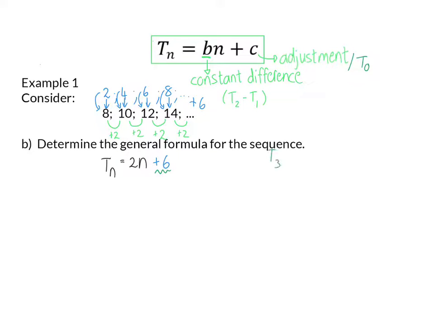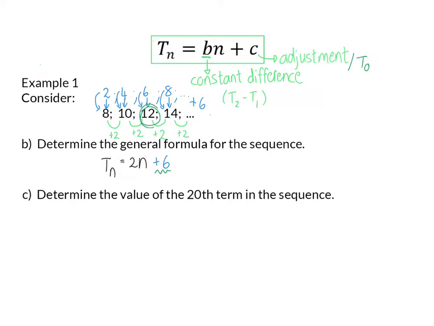So I'm going to use the formula and determine term 3, which means the position, the n value, is 3, and I'm going to take the formula and substitute n with 3. Then I'll have 6 plus 6, which is 12, and the third term does have a value of 12, and that means this formula is correct.